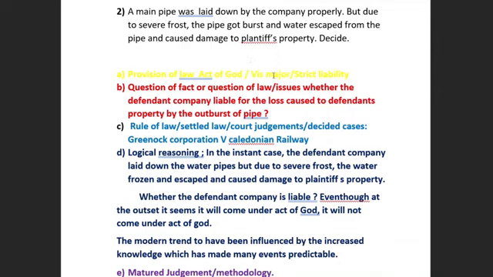In every problem we cannot expect there will be a case law. So certain students have asked me, sir, if we don't remember the case law, what do we have to do? Suppose you don't remember the case law, you just write 'in decided cases'. So in that way you can write.